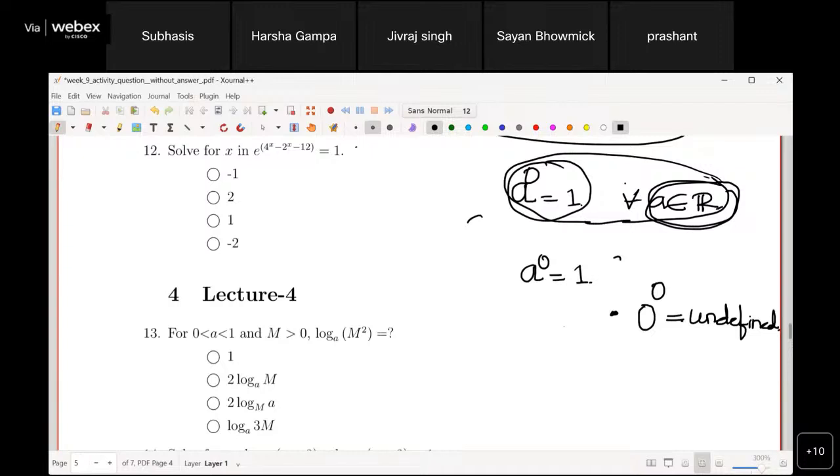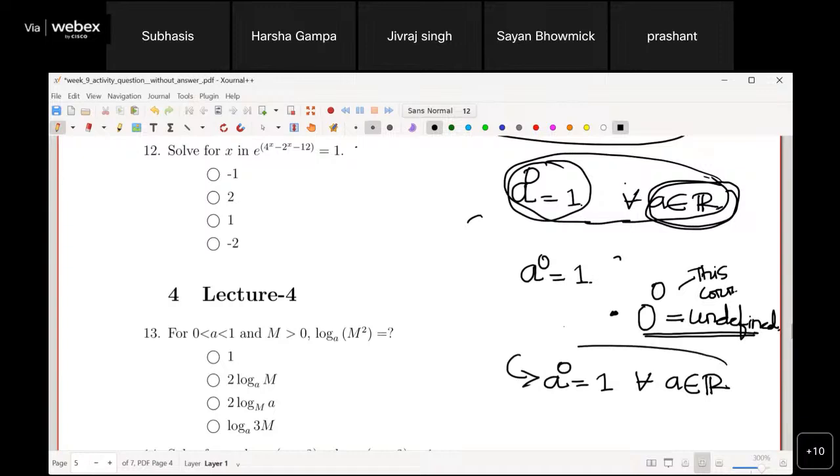If you think this is correct, that means 0 power 0 is undefined, then a power 0 is 1 for all a in R can't be correct. Then certainly this is incorrect.